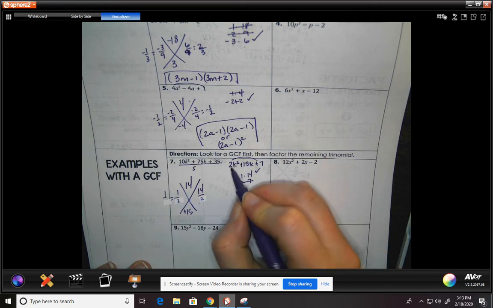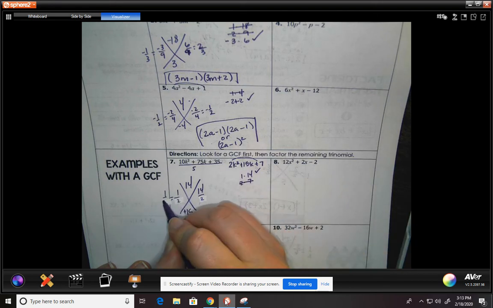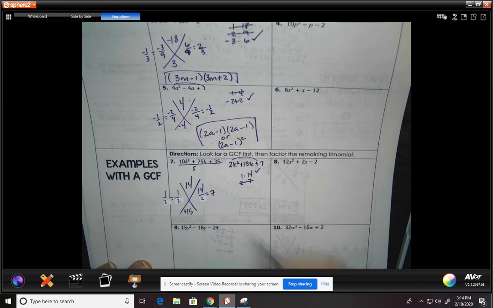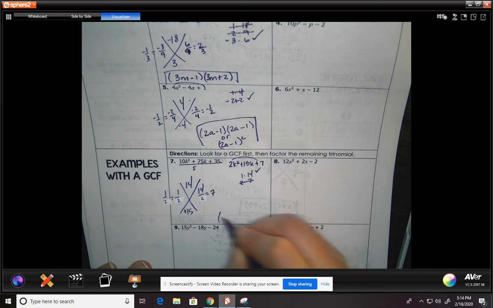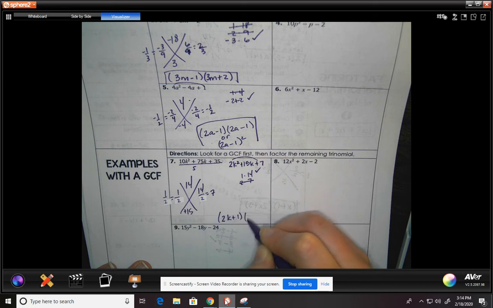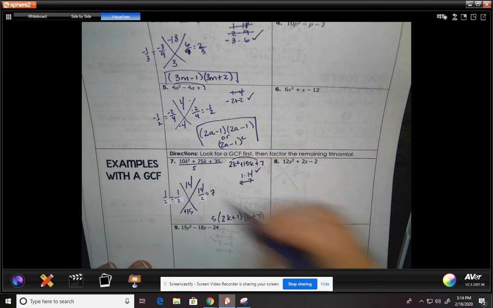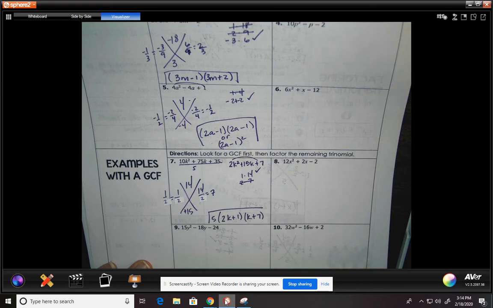The leading coefficient is 2, so 1 divided by 2 will simplify to 1/2, and 14 divided by 2 will simplify to 7. So therefore, my factors will be 2k plus 1 and k plus 7, and then I bring my GCF back down and put a 5 on the front because that's the GCF, and the GCF goes on the front, not in the divide part.